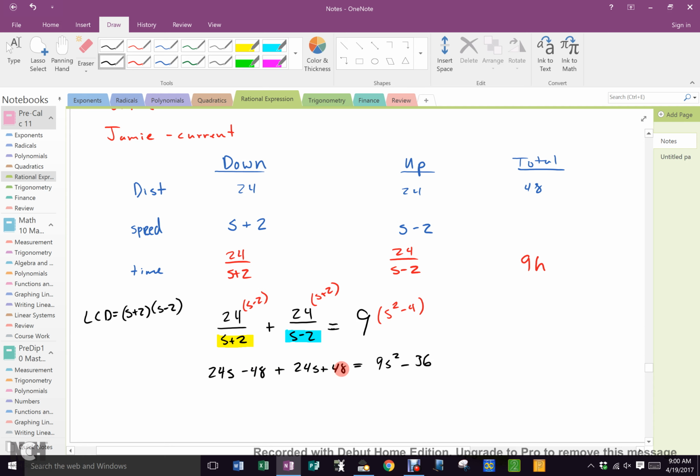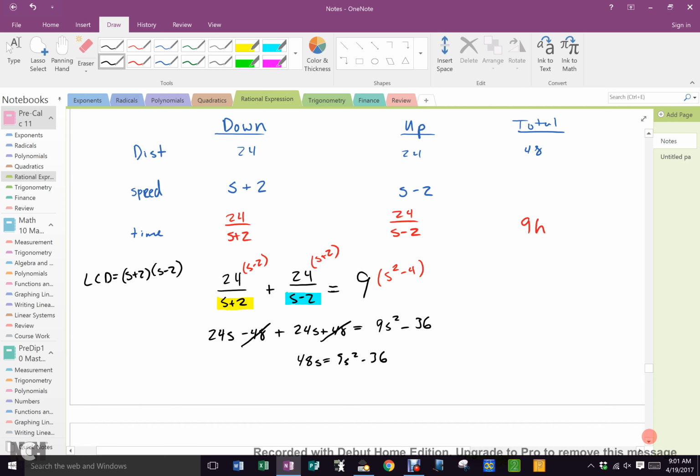What happens to negative 48 and positive 48? Gone. 24 and 24? 48S equals 9S squared minus 36. What are you going to do with that? Bring it over. 9S squared minus 48S minus 36 equals 0, yes?